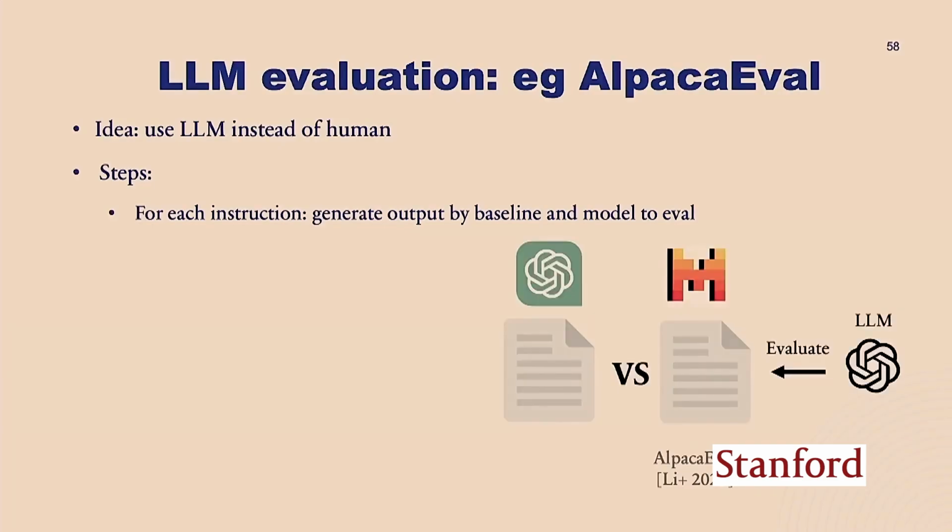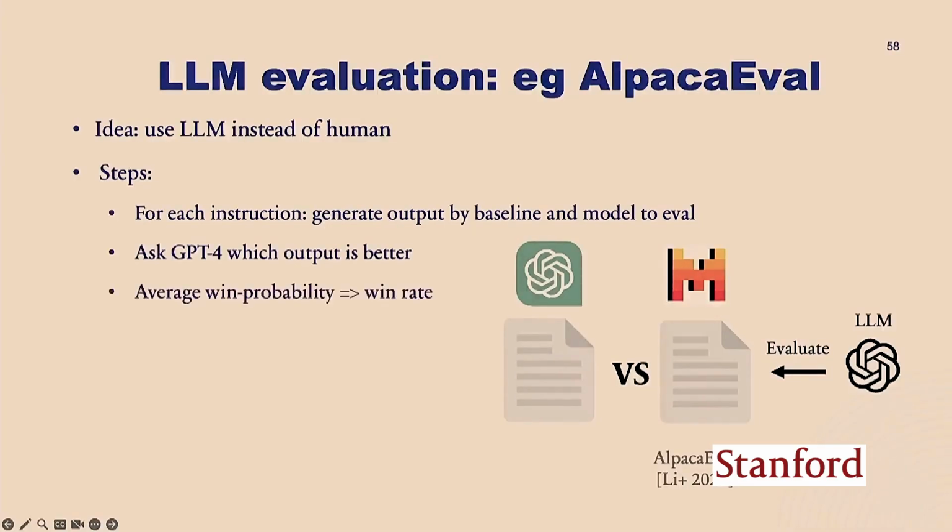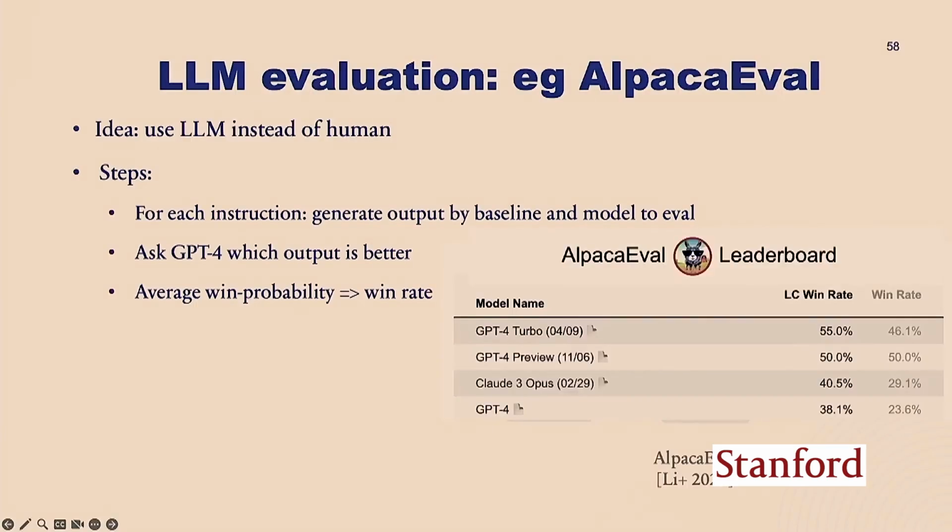Here, imagine that I'm comparing an answer from ChatGPT and from Mistral. I ask GPT-4 which one is better, and I average that out over my entire benchmark or data set, and that gives me a win rate, a win probability for one model compared to another one, and now you can rank models.